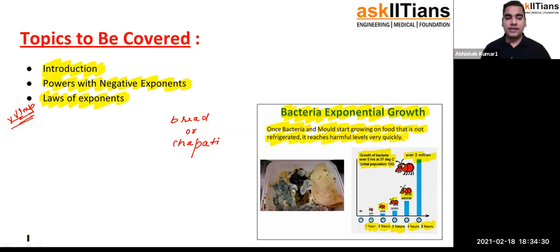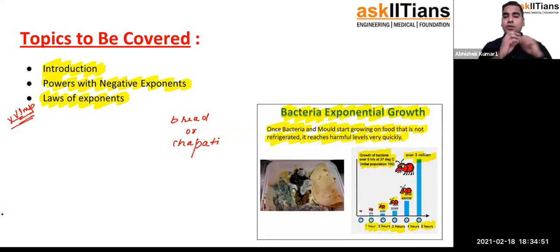Just for the sake of an example, let's say there is a chapati or a piece of bread or any other item left unrefrigerated for some days, and you see, let's say two bacteria, I'm just taking this as an example, on that particular piece.